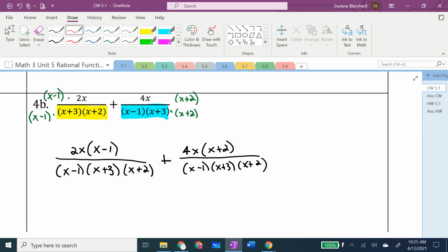And I want to take those numerators and get them ready to add together. I need to distribute the 2x over the parentheses, and I need to distribute the 4x over the parentheses.